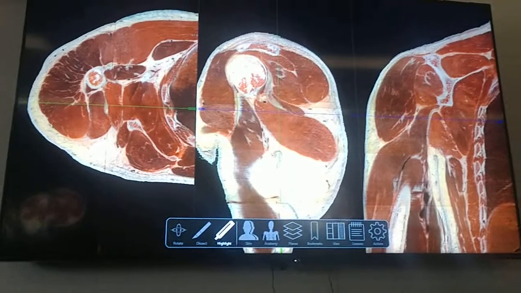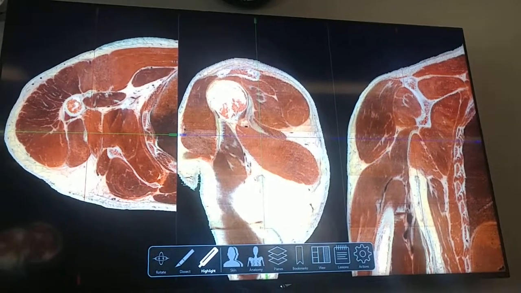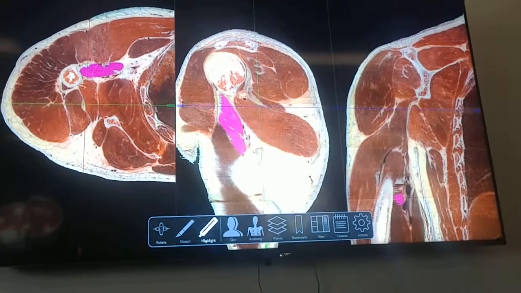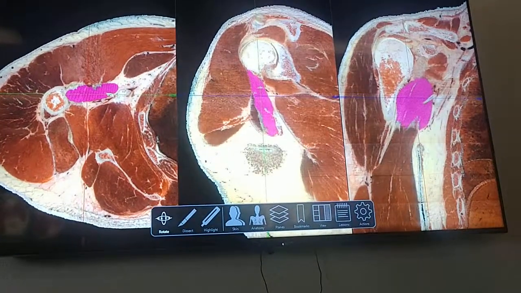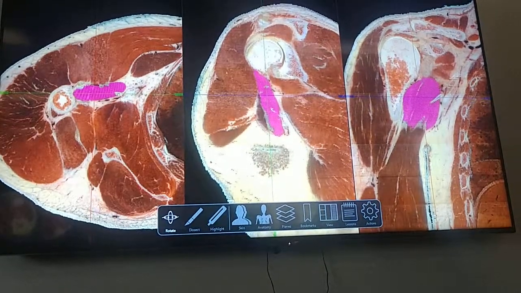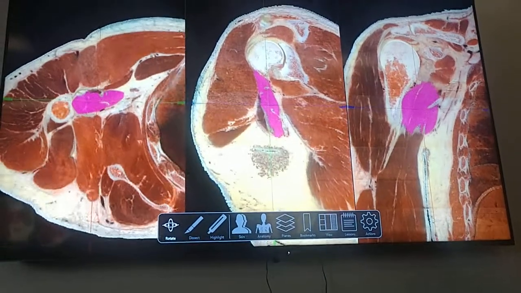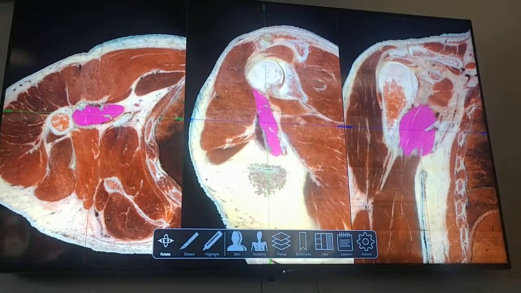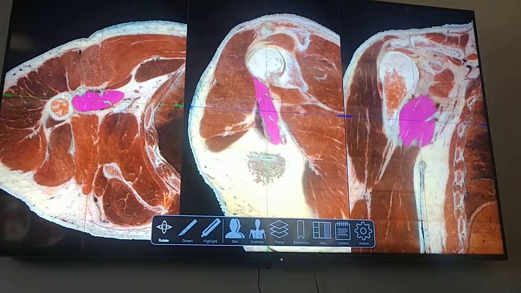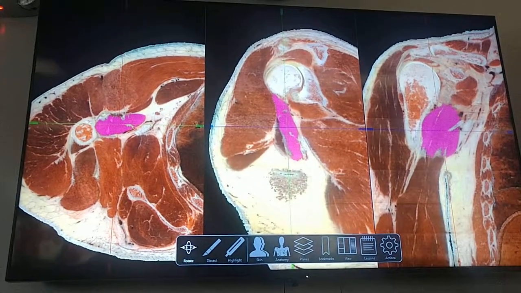What about what we have here? Right, so if you look all through the planes, we can see humerus in axial, but that doesn't really tell me exactly where I'm at.